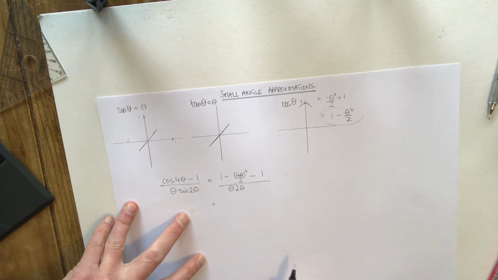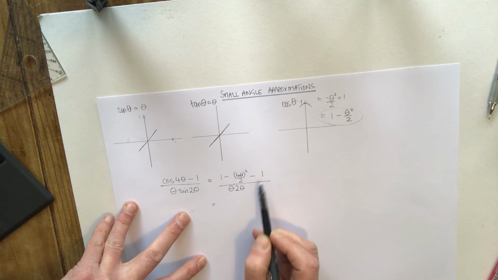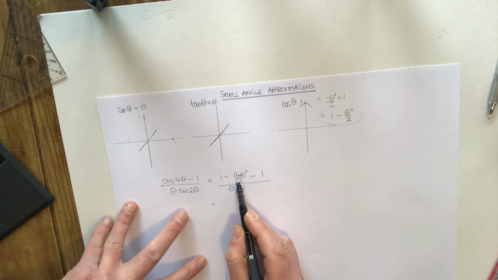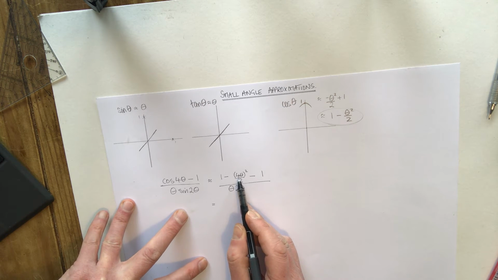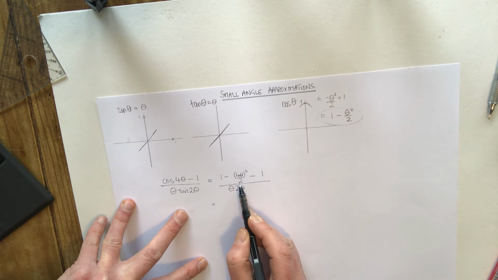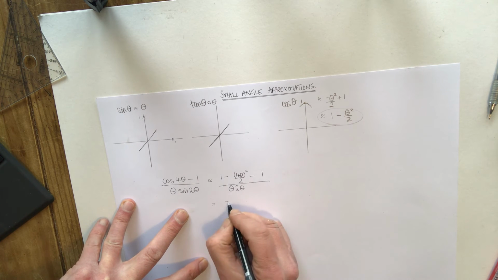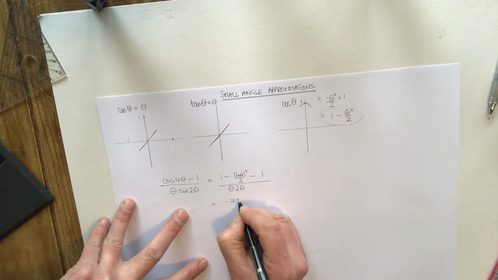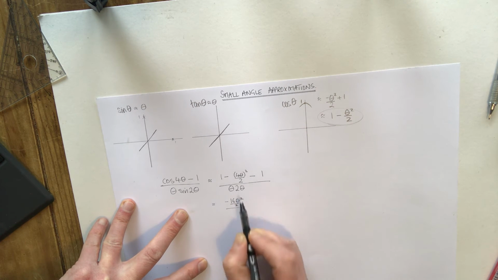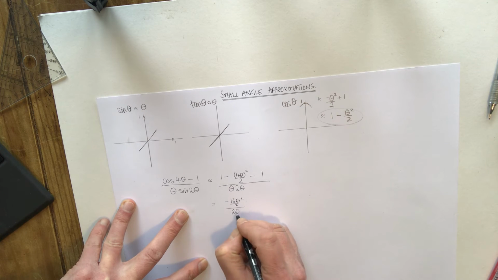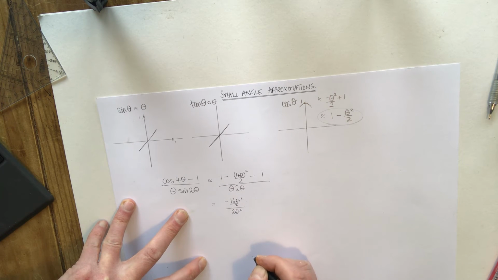Right, let's tidy this up a little bit. 1 take 1 is 0, the 1's cancel. So I've got 16 theta squared over 2. And it's negative. So minus 16 theta squared over 2 divided by 2 theta squared.